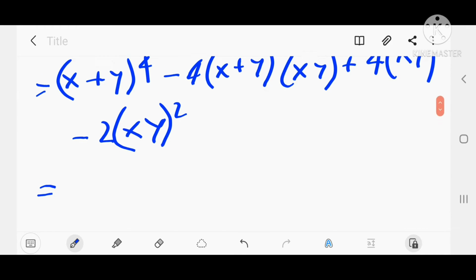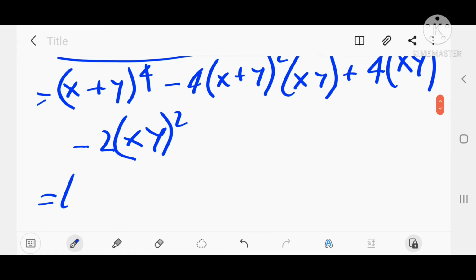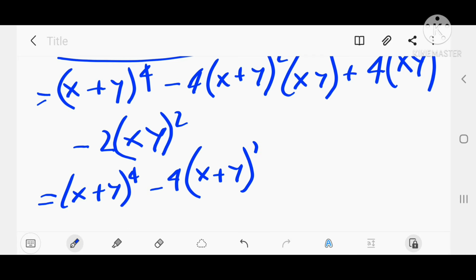In simplifying it, we still have x plus y exponent 4, then minus 4 times x plus y all squared, and xy. This and this are the same thing, so we can solve them.